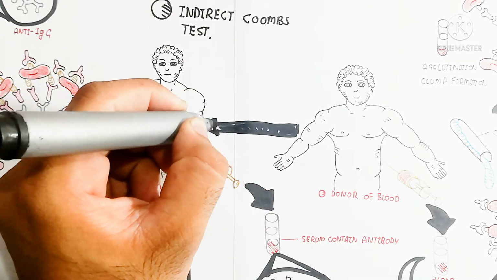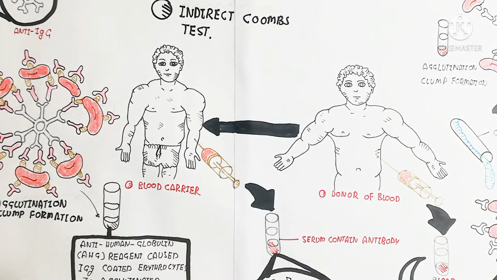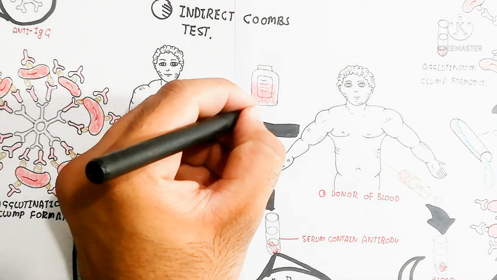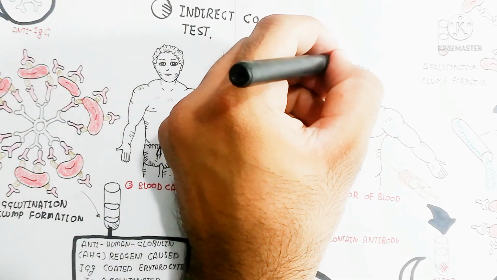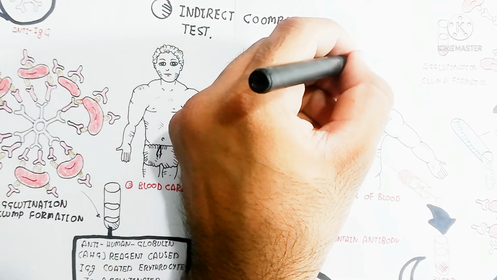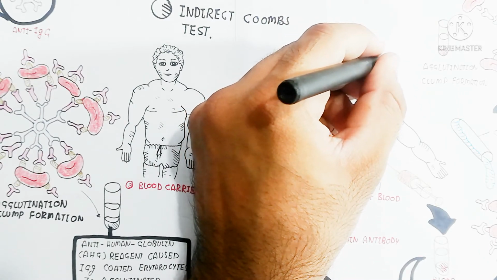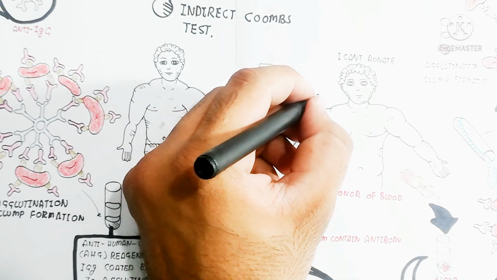So that means it is harmful. The clump formation will occur and the carrier can die. So that means a person with both of these blood groups is not able to transfuse blood. But the important thing is that the blood carrier also can't donate to the donor.